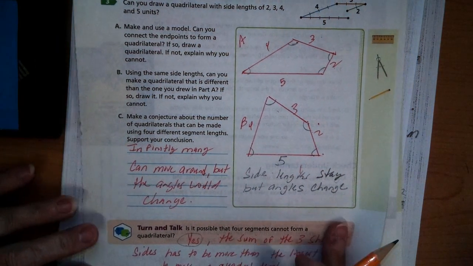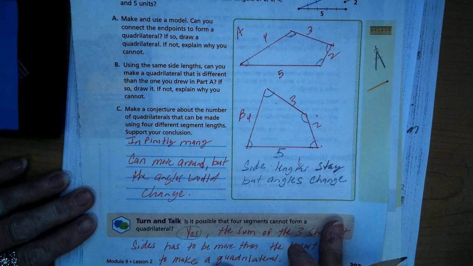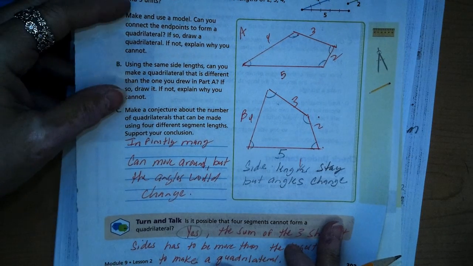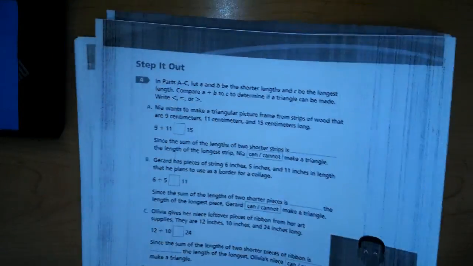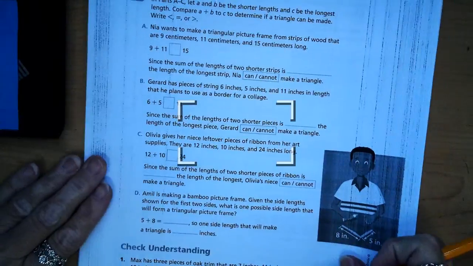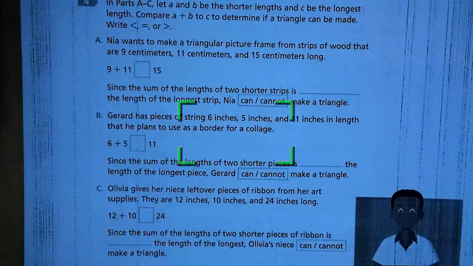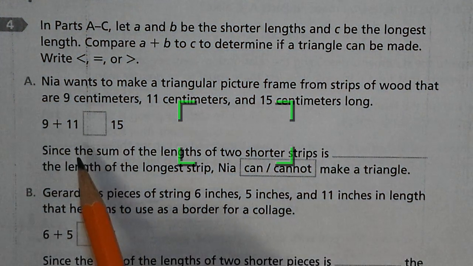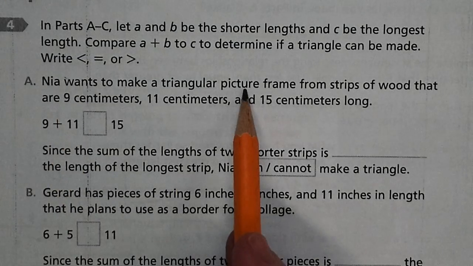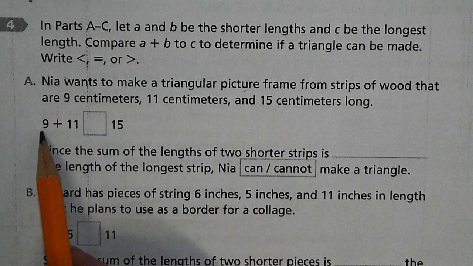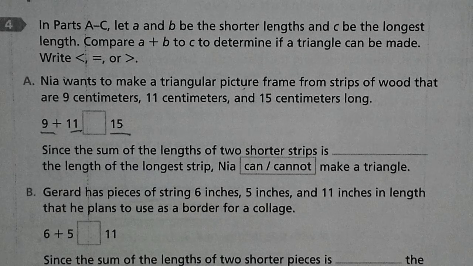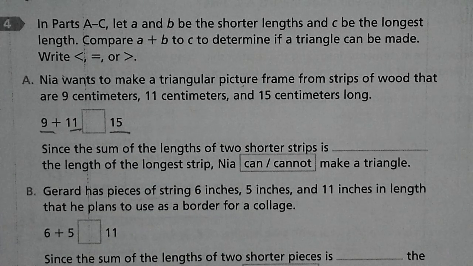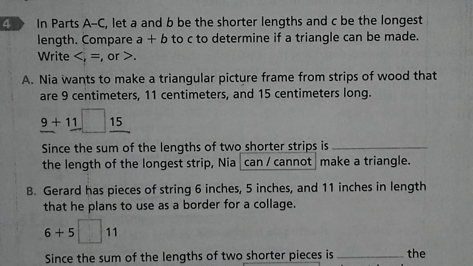All right, do we need more time on that one? Nope. All right, so the next page is really easy. It's just looking and using that rule to finish the statements, right? So if Nina has a triangle that is a 9, 8, and 11, will it work?